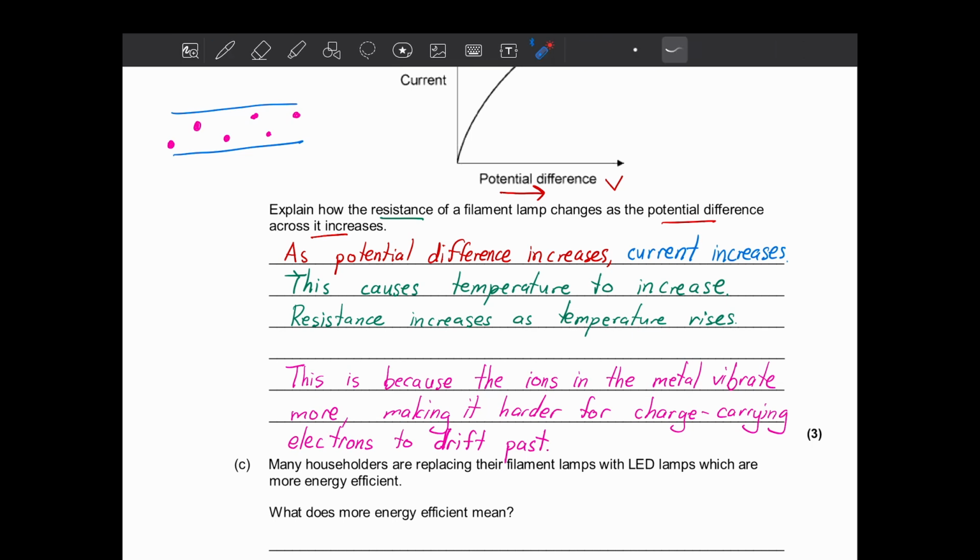Once again, this bottom line over here is not in the mark scheme, but I thought it'd be useful in case it comes up in a future question.